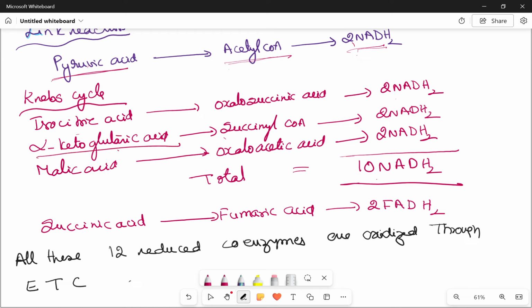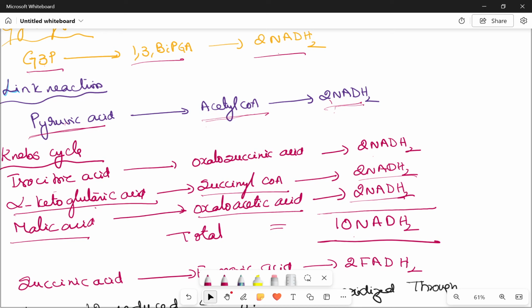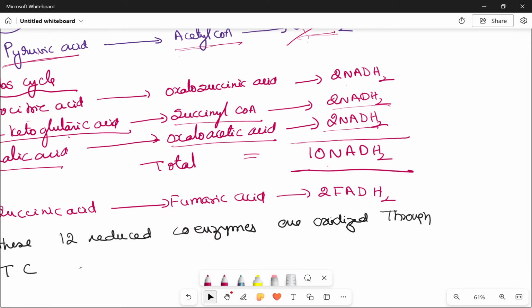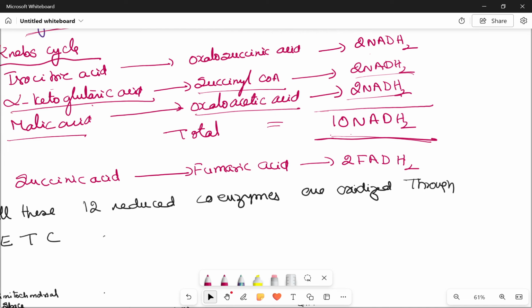Alpha ketoglutaric acid, a 5 carbon compound, to succinyl coenzyme A, a 4 carbon compound, 1 oxidation, 2 NADH2 are formed. Malic acid to oxaloacetic acid, 1 oxidation, 2 NADH2 are formed. Total NADH2 till now: glycolysis 2, link reaction 2, and Krebs cycle 6. So total 10 NADH2 are formed.